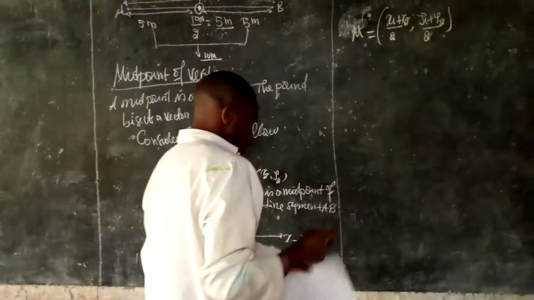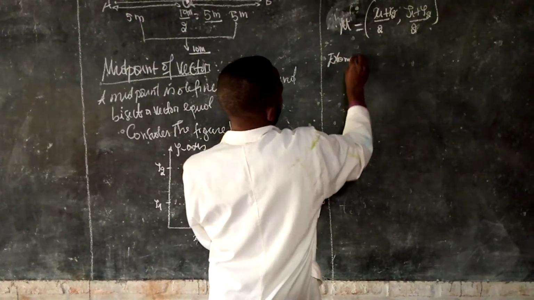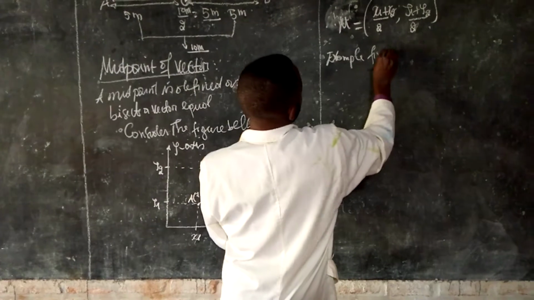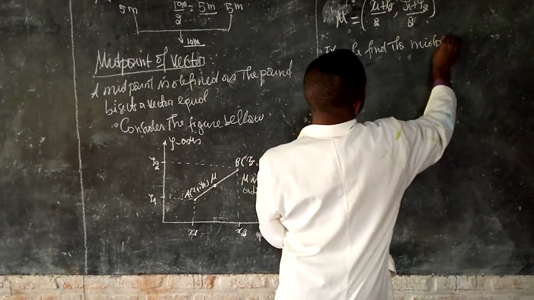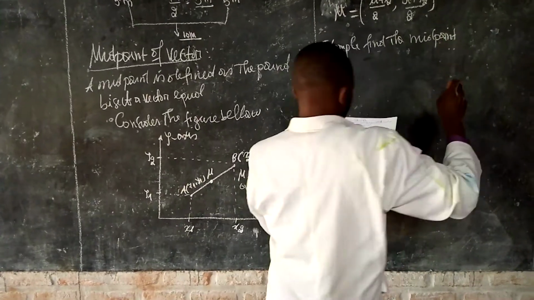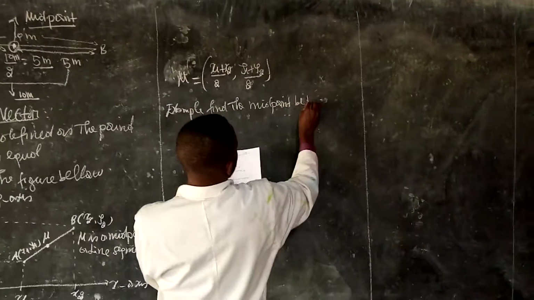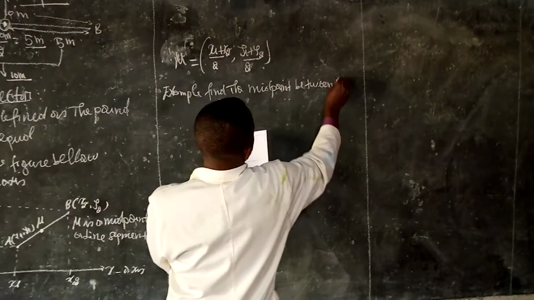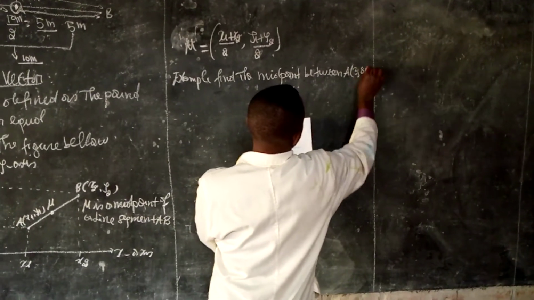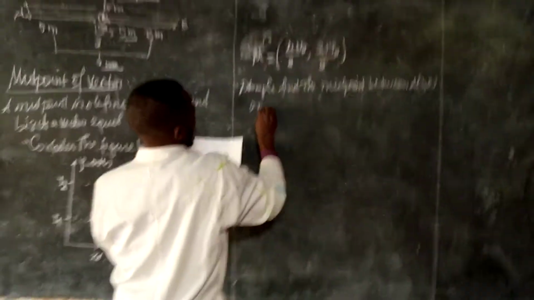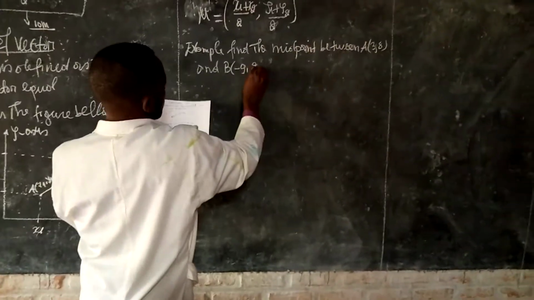Here I have an example. Find the midpoint between point A, which has the coordinate of 3 and 8, and point B, which has the coordinate of -9 and 2.